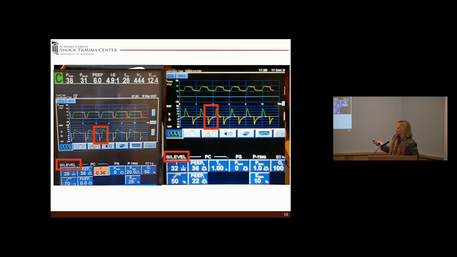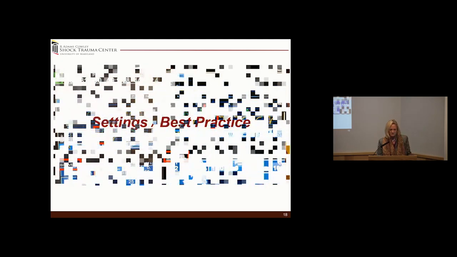Versus this is a patient, yep, he's already on APRV. This is bilevel. Now you see the T high is 1, but it's a rate of 32, so we already know what the T low is based on the ratio. And look at the waveform. A lot different. This goes all the way to baseline. This is at 75%, which you'll know by the end of this talk. Also, this is basically a 1-to-1, and you have almost a 5-to-1 IE ratio.